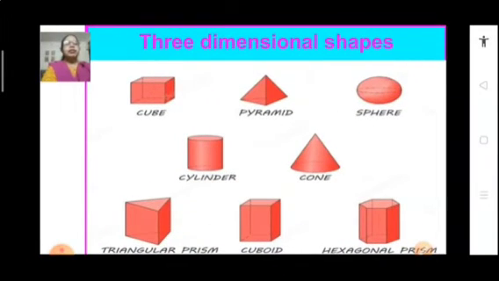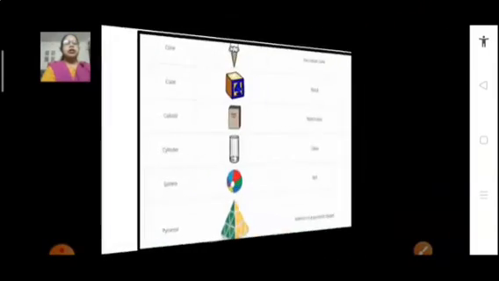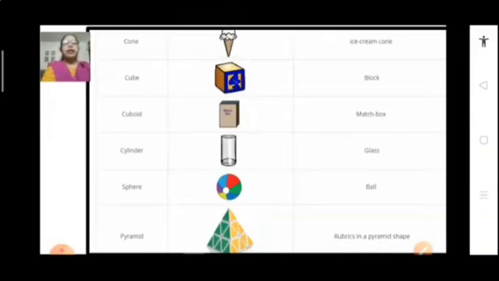So these are different 3-dimensional shapes: the cube, pyramid, sphere, cylinder, cone, triangular prism, cuboid, hexagonal prism. These are all solid 3-dimensional shapes.